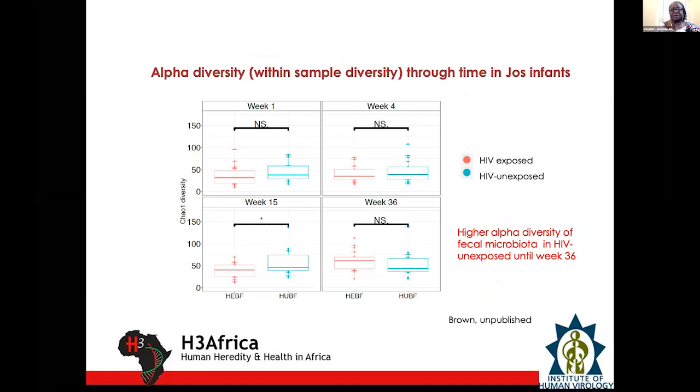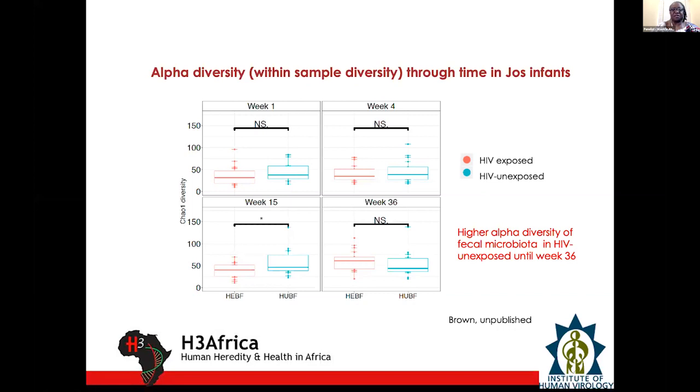And I'll just share some preliminary data that we have had. Basically, the data that we have collected so far shows clearly that whether we look at birth or later down the line, there is a clear demarcation in terms of the alpha diversity that we see in infants throughout their growth. And we specifically picked this time point because these weeks coincide with the vaccination period of our infants as well.